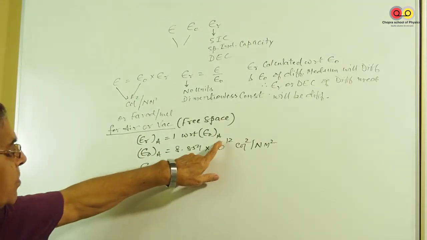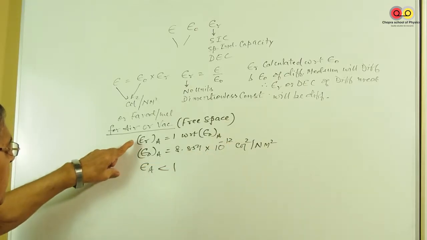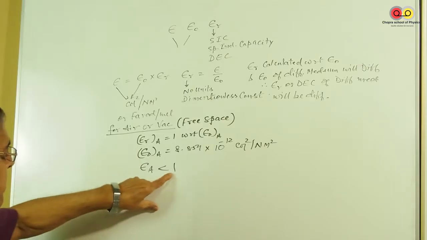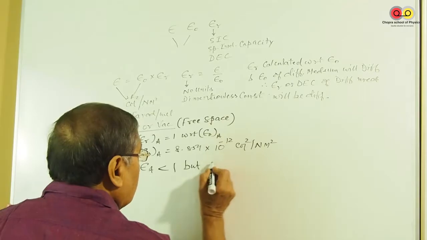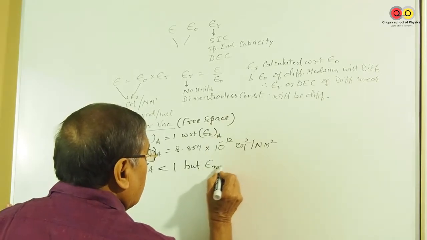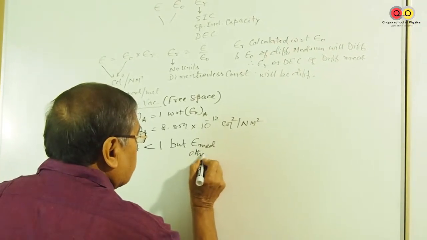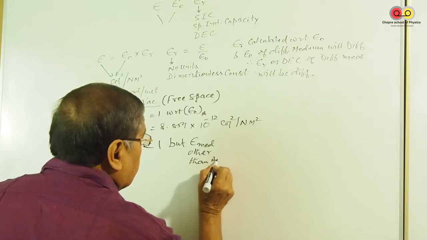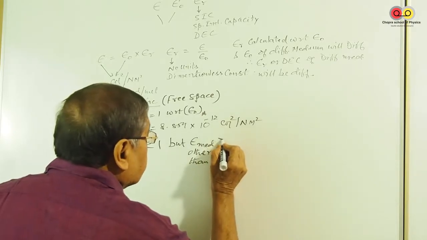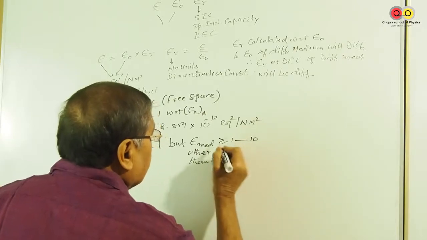Because 10 to the power minus 12 is obviously less than 1. So now, permittivity of air is always less than 1, but permittivity of a medium other than air is greater than or equal to 1, and it varies up to 10.